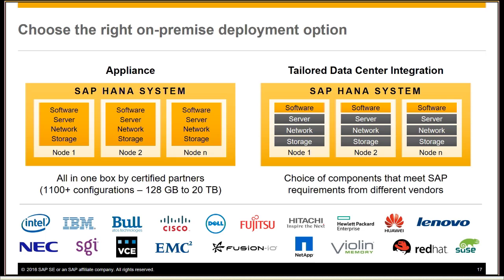If a customer has existing server, network, or storage technologies in their data center and they are on the certified list, they can work with their hardware partners and build the appliance and deploy SAP HANA on top of it. As we learn more and more, we are going to make the HANA hardware server requirements more and more relaxed so that it will be easy for customers and partners to ensure that HANA deployments will be a lot simpler in the future.